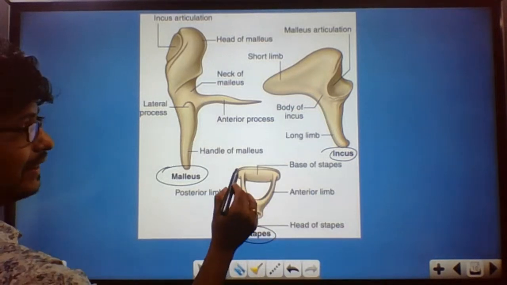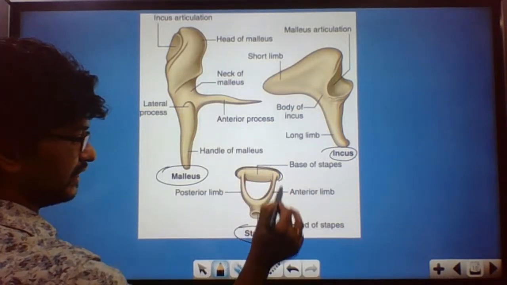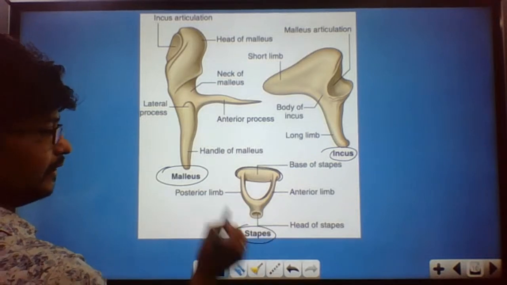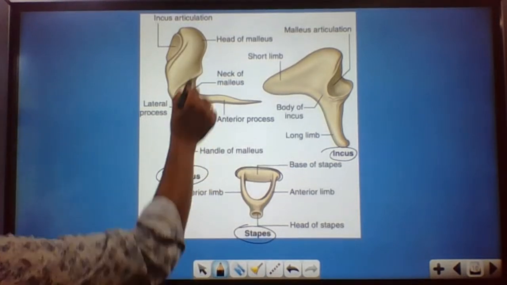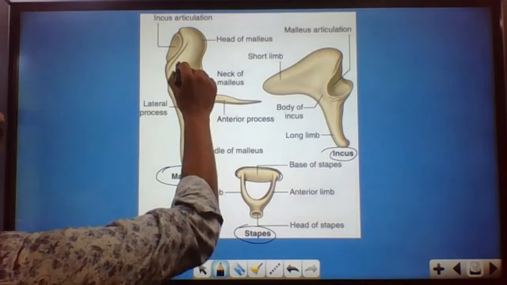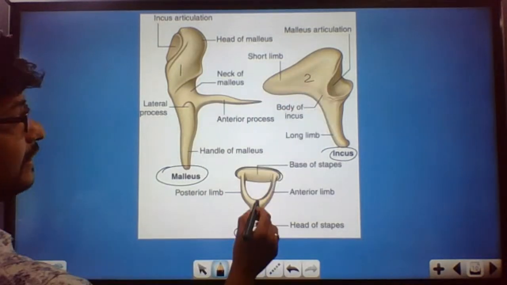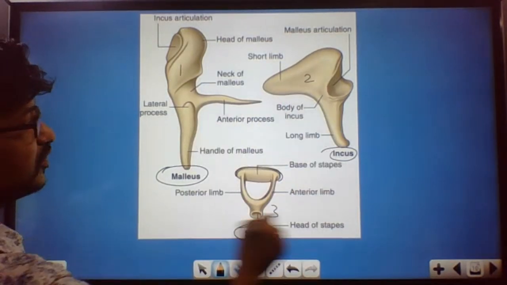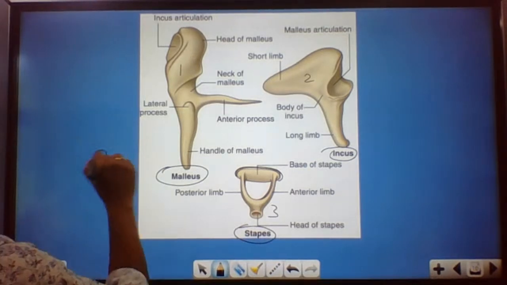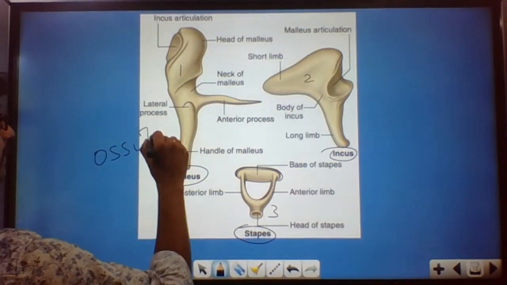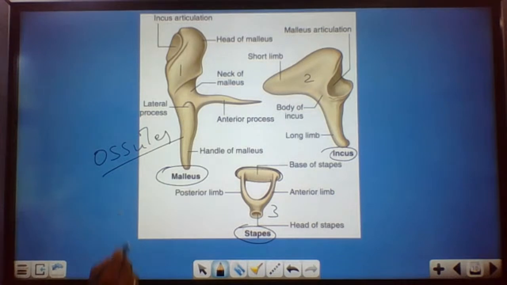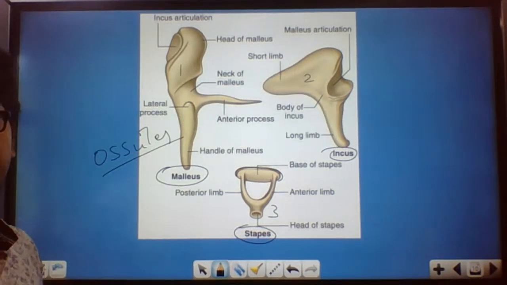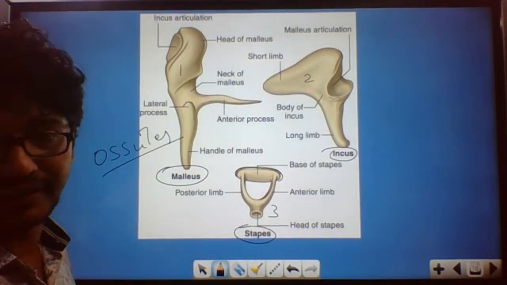This is the base. The stapes is a very soft and short bone. So one is the malleus, two the incus, and the third the stapes. These are connected, and we call them the ear ossicles, which are three in number in both the left and right ear.